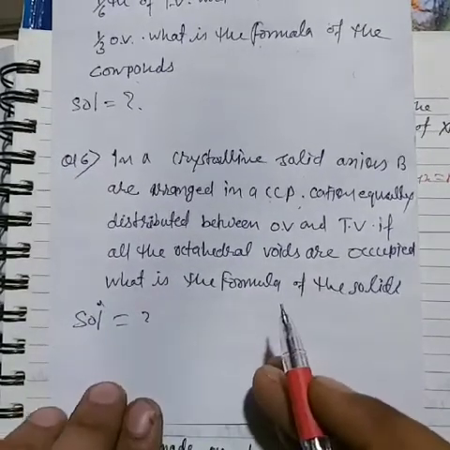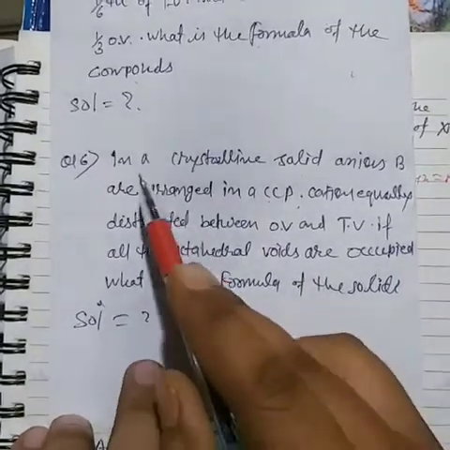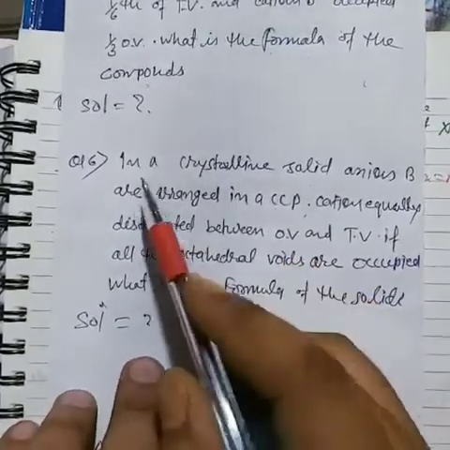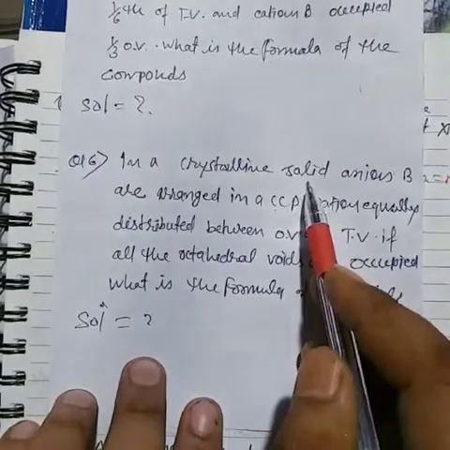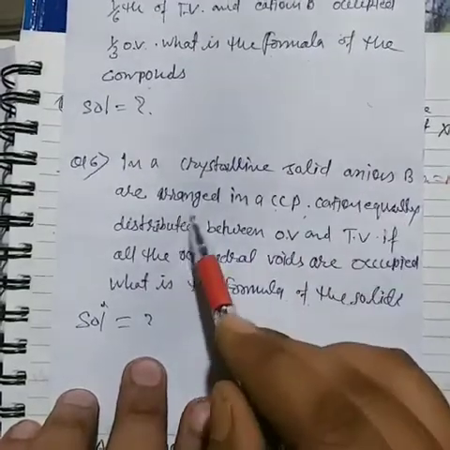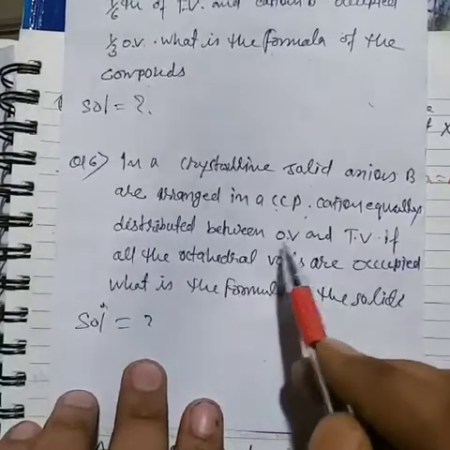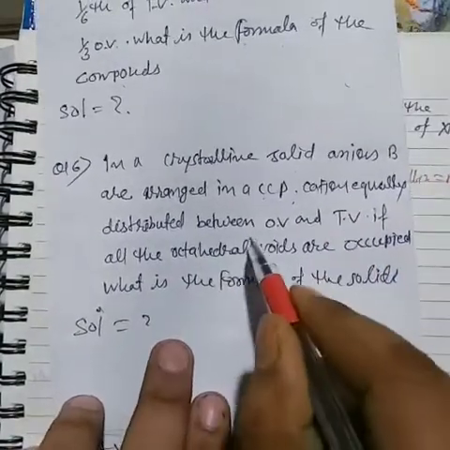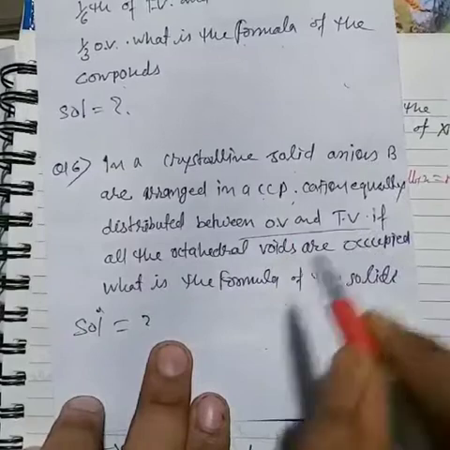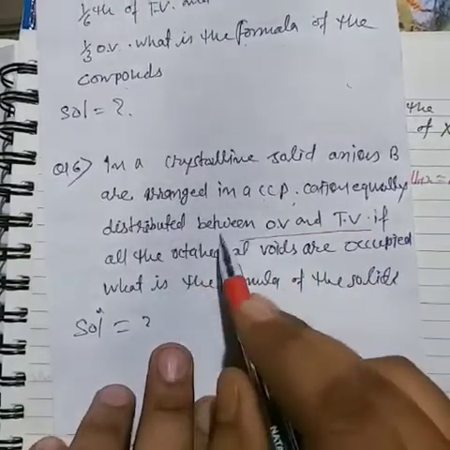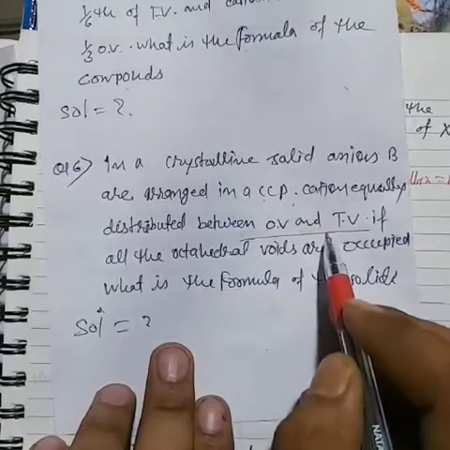Now see, students, what is the question? It says, in a crystalline solid, anions B are arranged in CCP, cations equally distributed between octahedral and tetrahedral voids.